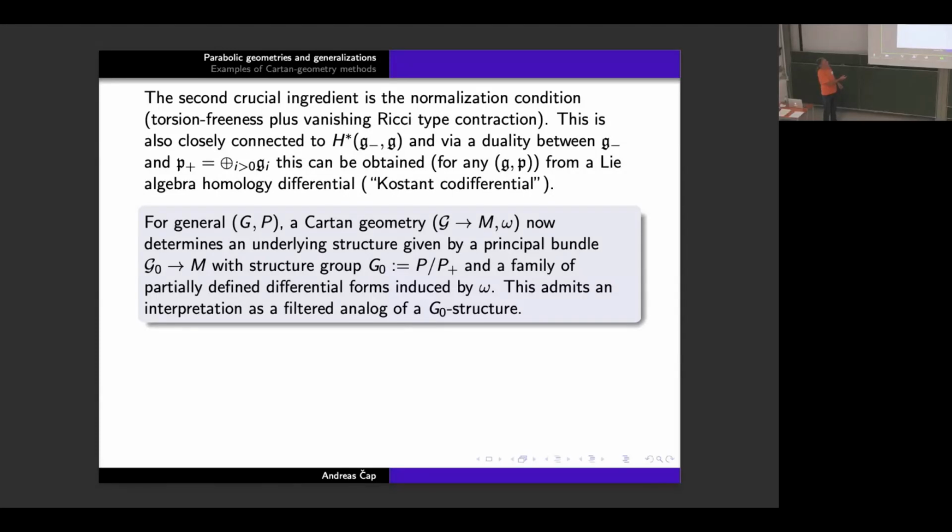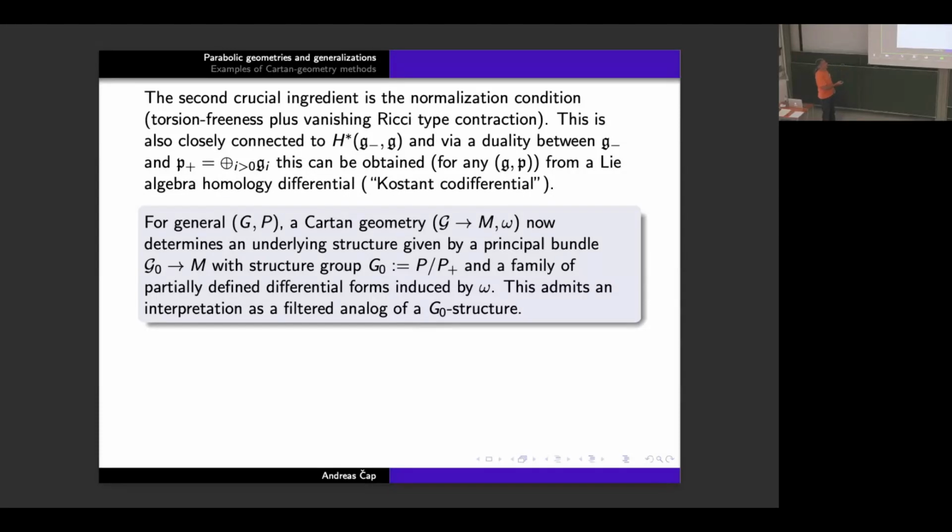Okay, so you take this bundle G, this is a principal P bundle. So in particular, you can factorize by the action of P plus, and you get a principal bundle G0 with structure group P mod P plus. And again, this is something which is very well understood from the theory of parabolics. This is always a reductive group, so its representations are easy to understand.